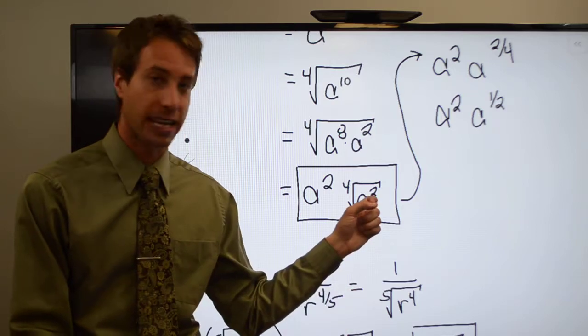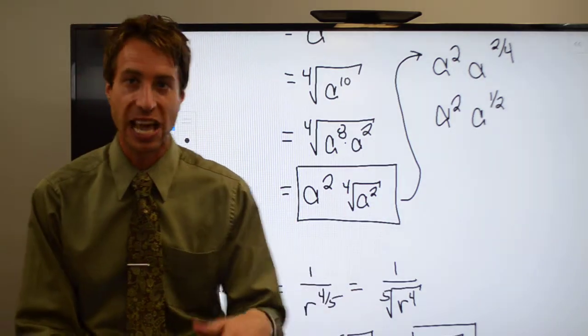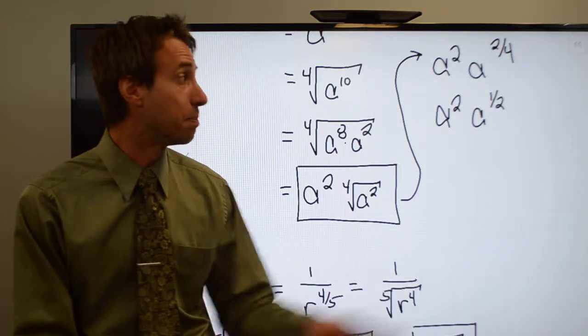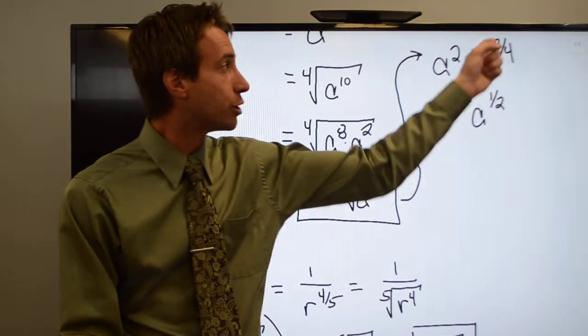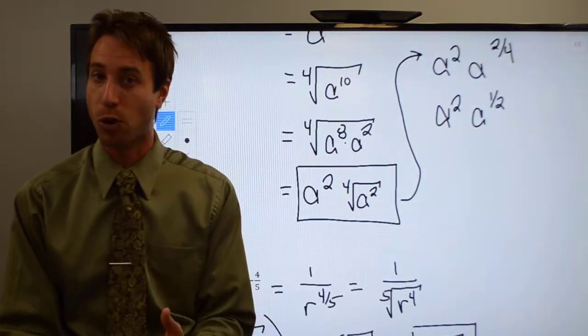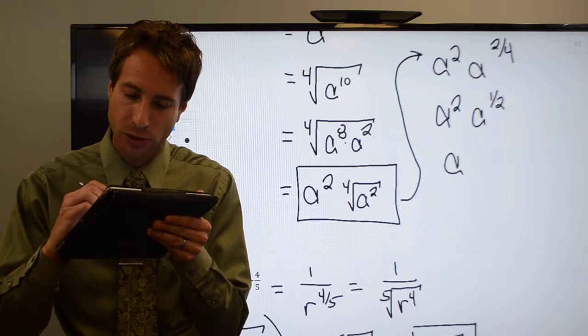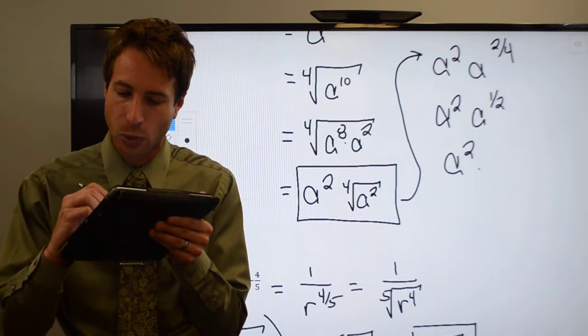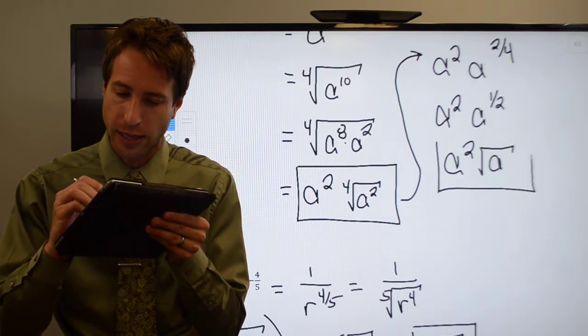If the power is not evenly divisible by the index, and it doesn't come out to be a 1/2, then there's no further you can go. But in this case, 2 divided by 4 wound up to be a 1/2, which we know is just a square root. And so you absolutely should be okay with taking this all the way to the square root.